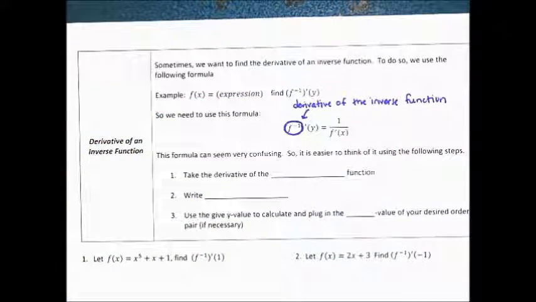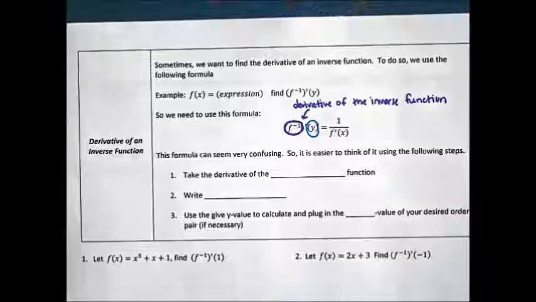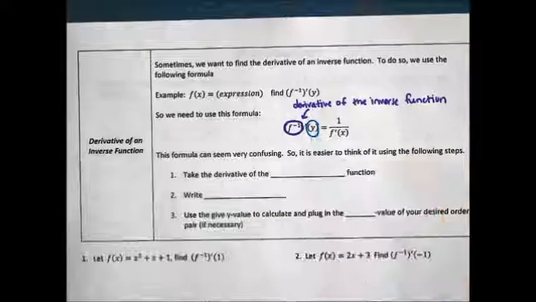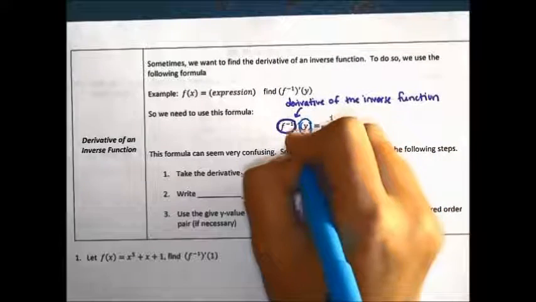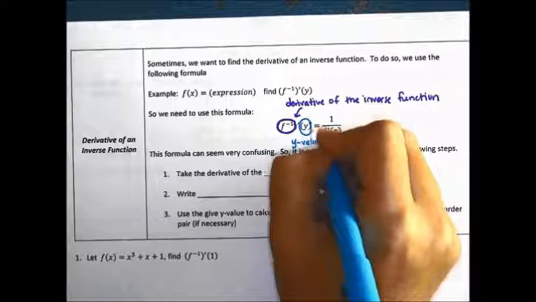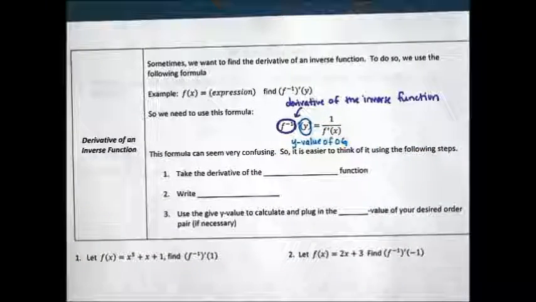Now you'll notice here that the y value of the original is the number that we are plugging in. And the reason that this is a y is because the inverse, you plug in the y's. Now here's how you actually calculate this.